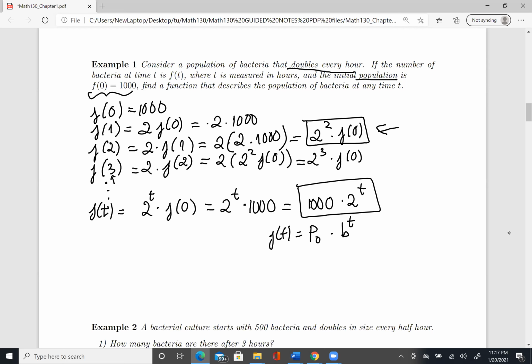So that should be the function that describes the population of bacteria at any time t, right?